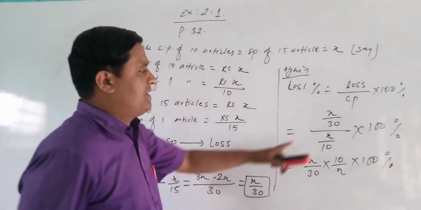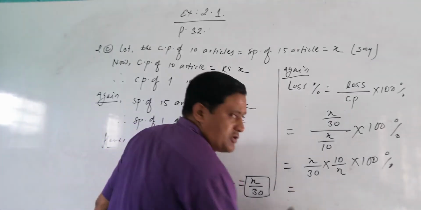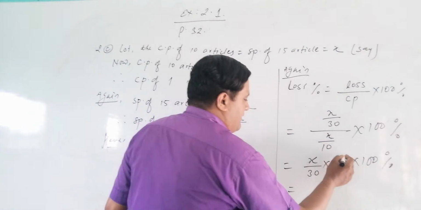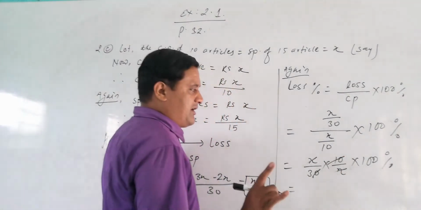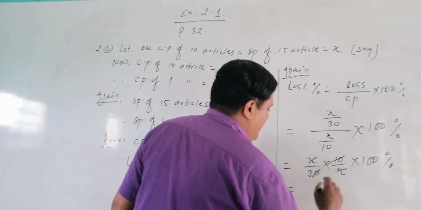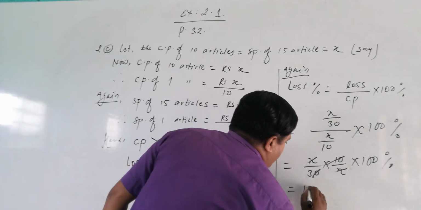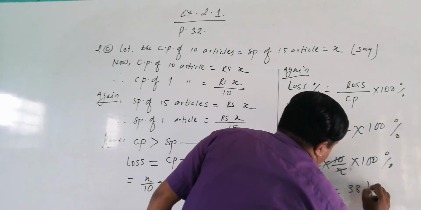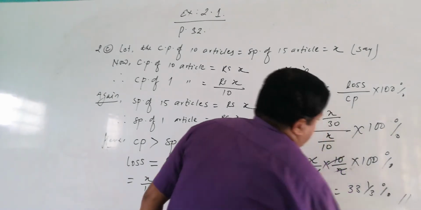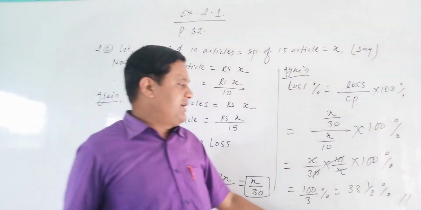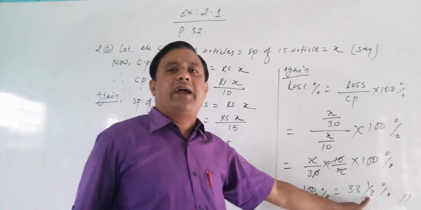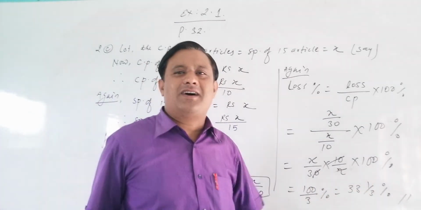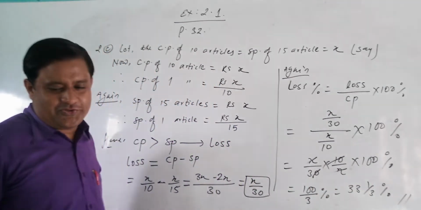The x and x cancel, 10 over 30 is 1 by 3, so 100 divided by 3 gives 33 1 by 3%, the required answer. 33 times 3 is 99, plus 1 means 100 by 3. This is the required solution.